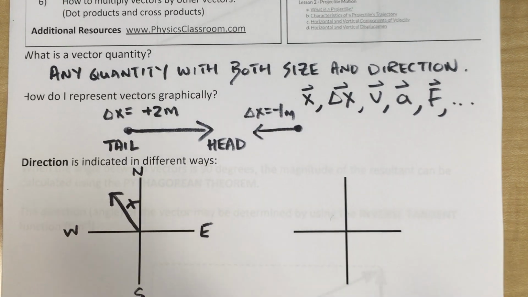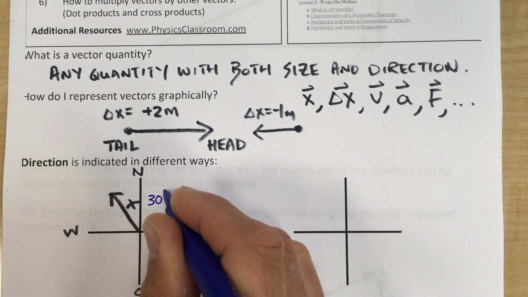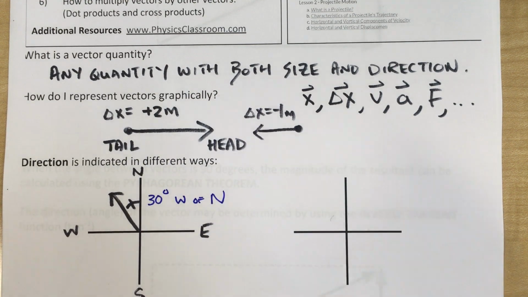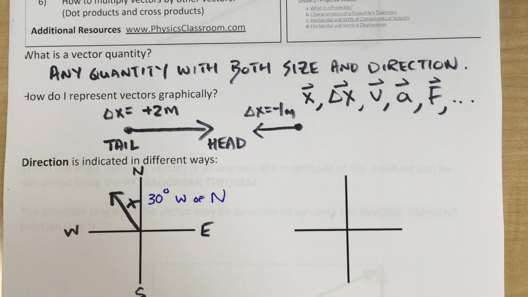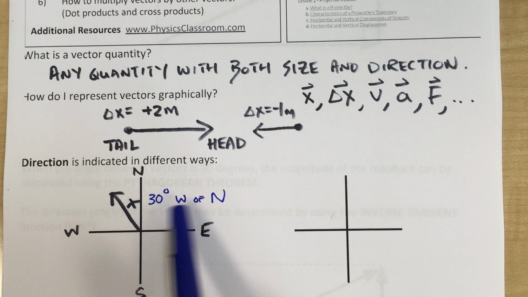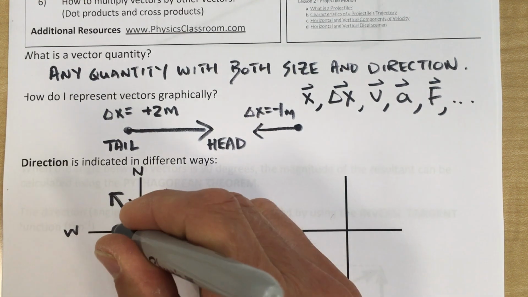You could talk about that angle. You could say that angle might be 30 degrees west of north. And that would work. You could say 30 degrees west because you have to go west if you start at north.